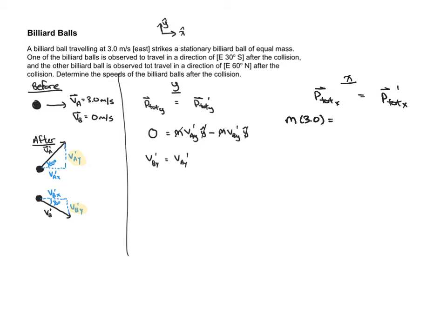The ending momentum in the x direction, it's going to be the x components of the two balls added together. So it's going to be mass times the VA x prime. So that's ball A's x momentum, and then ball B's x momentum will be mass times velocity of ball B in the x direction.